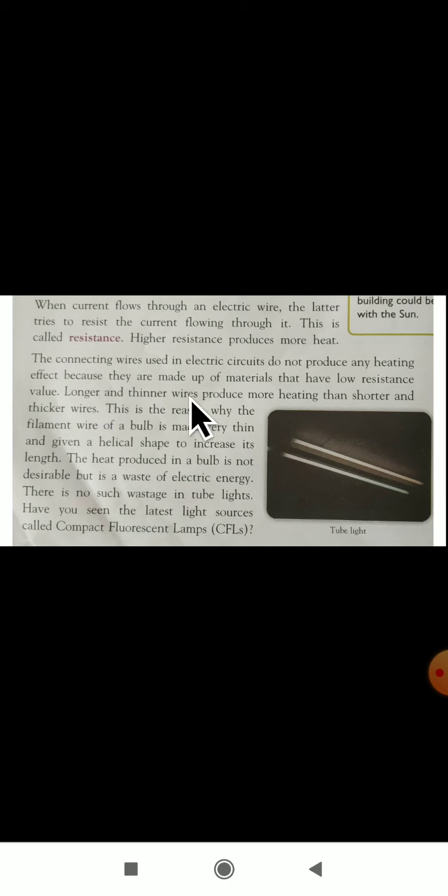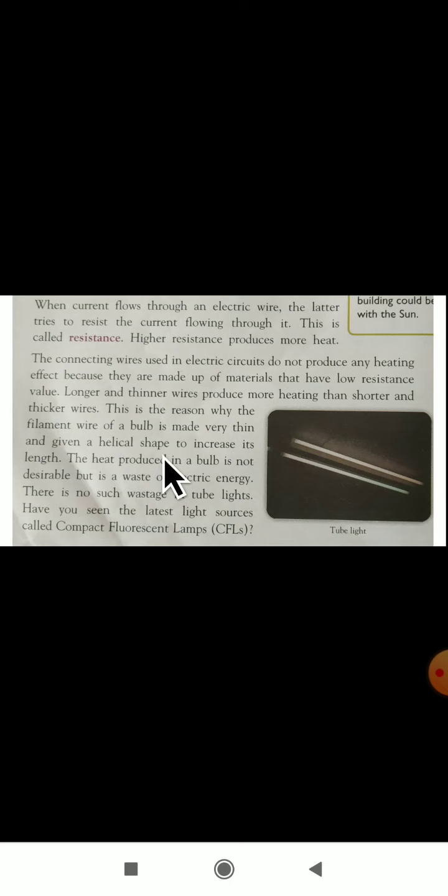Longer and thinner wires produce more heating than shorter and thicker wires. This is the reason why the filament wire of a bulb is made very thin and given a helical shape to increase its length. See, dear students, the filament is made up of a very thin wire here.